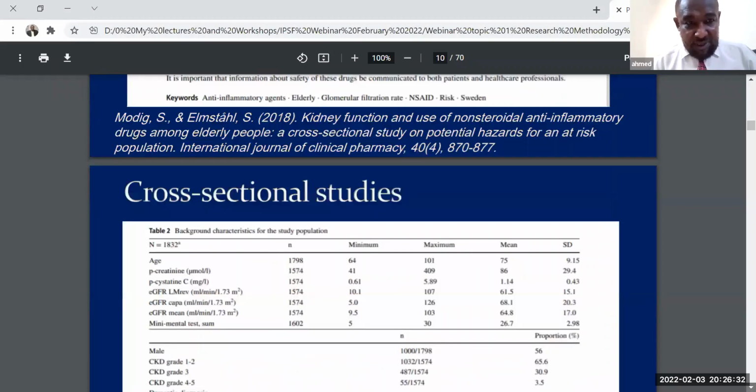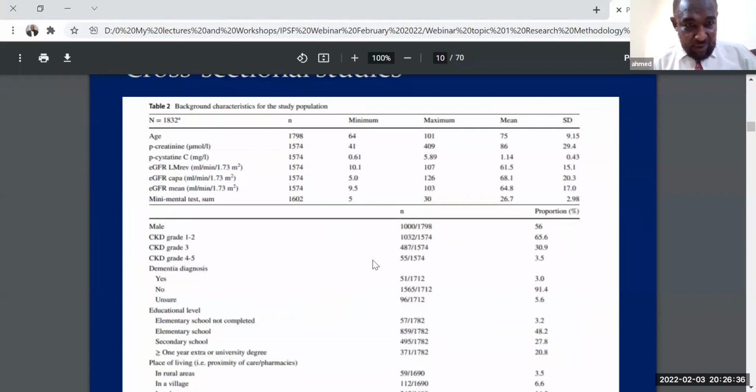In the same study, here is Table 2 about background characteristics of the study population. We can see here they use mean and standard deviation. This part is descriptive presentation. And also they have frequencies and proportions, which means percentage.